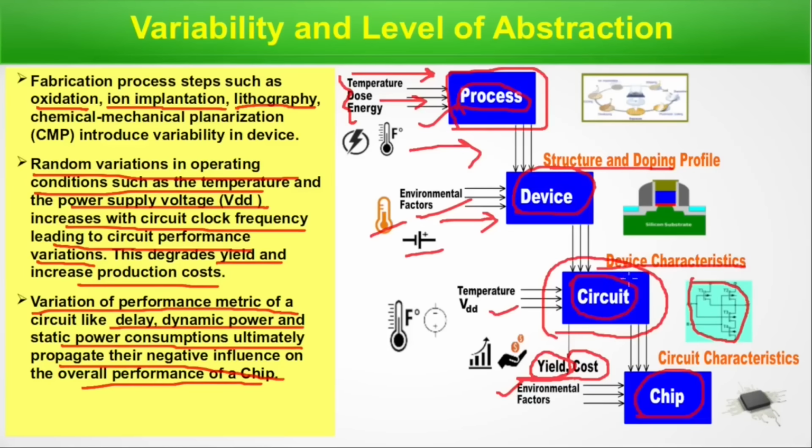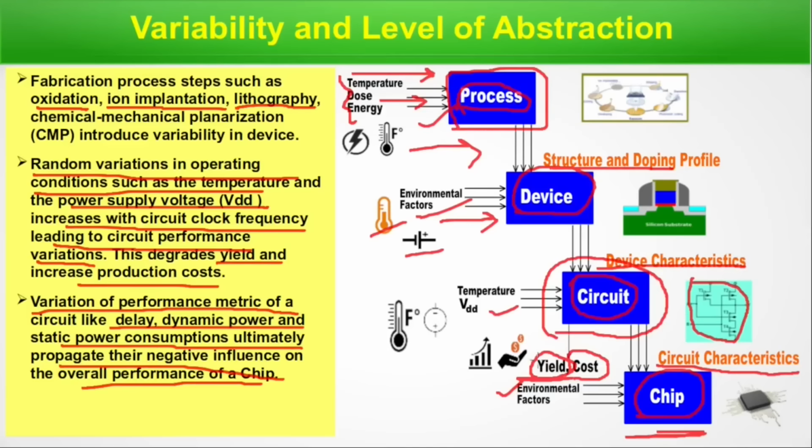This device characteristic along with temperature and VDD, that is environmental factors, decides the circuit characteristic, and the overall circuit characteristic with environmental factors decides the chip behavior. And if the device or circuit characteristics hugely deviate from what we expected, that impacts the yield, and if yield is bad, cost is high.